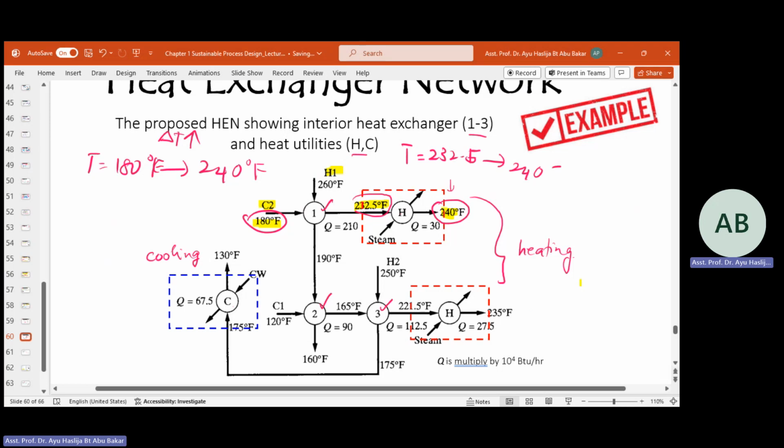So here delta T is low compared to this, so later on delta H is also low. Less energy is required to heat up the targeted stream to the targeted temperature.